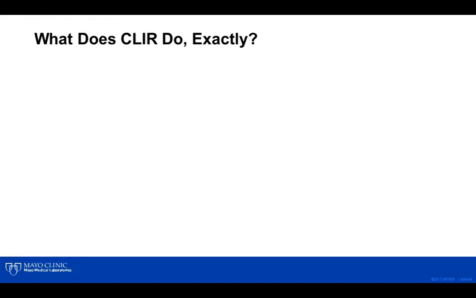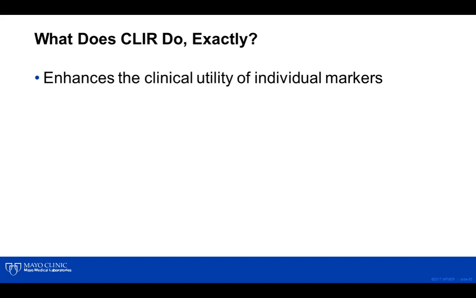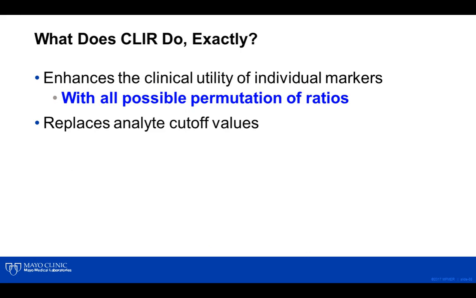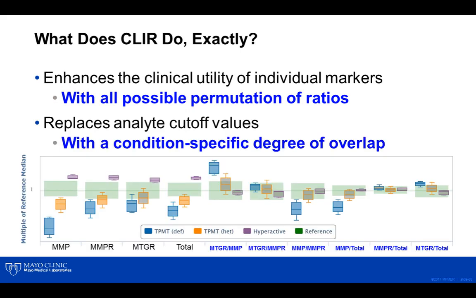Briefly, what CLEAR does can be summarized in 4 major components. First, CLEAR enhances the clinical utility of the individual markers by automatically creating all possible permutations or ratios, as shown in a previous slide. Second, CLEAR replaces conventional cutoff values with a definition of a condition-specific degree of overlap between reference and disease range.